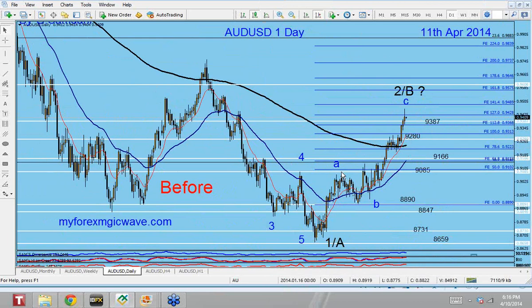And this expansion tool is 127, exactly where we poke into and then pull back. So to me, we are at the station right now. Okay, and this could be a nice turning point.